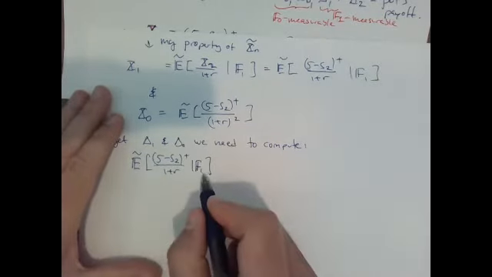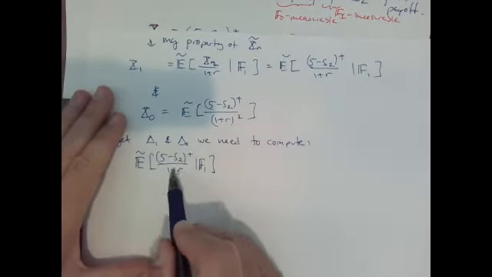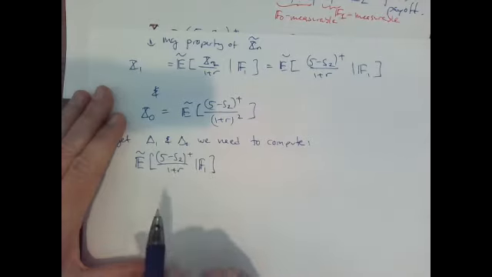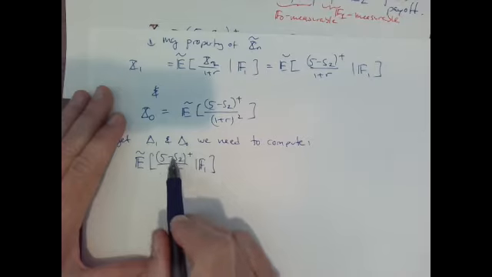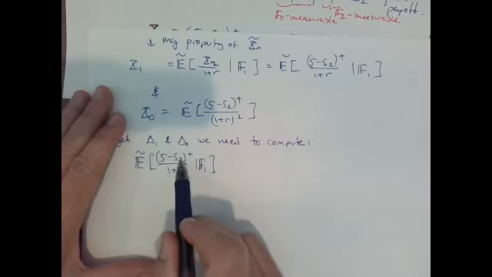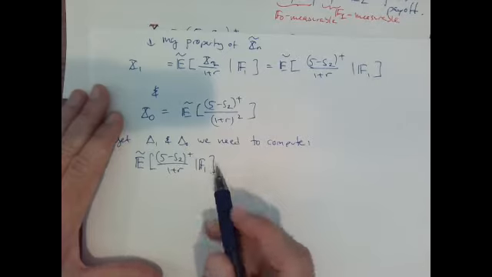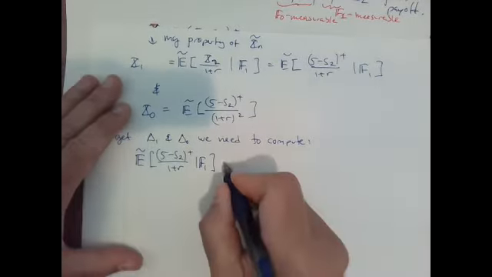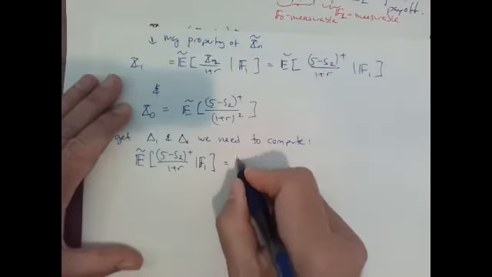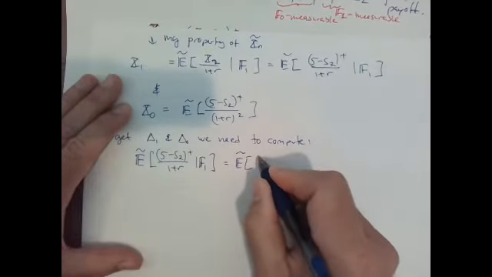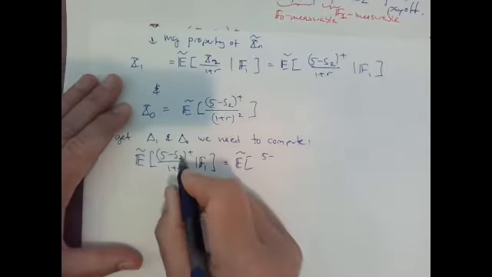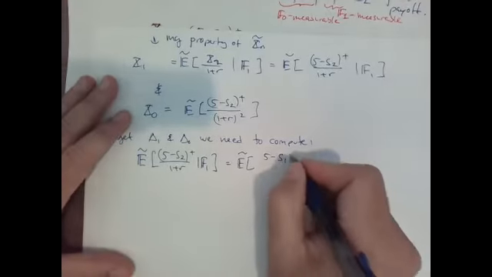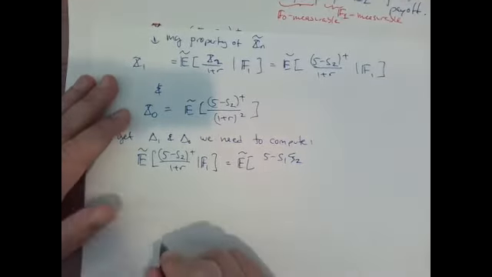This is a calculation that we have done a number of times. The way that we attack it is, where's the randomness? It's sitting inside S2, right? S2 is not F1 measurable. So what we need to do is to replace this S2 with something that is related to F1. So we go back, we use the property that we can write S2 as S1 times the second coin flip, this psi 2.